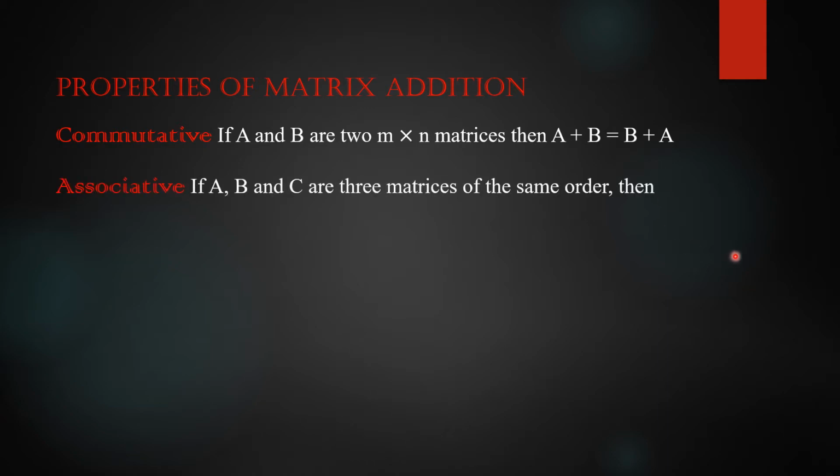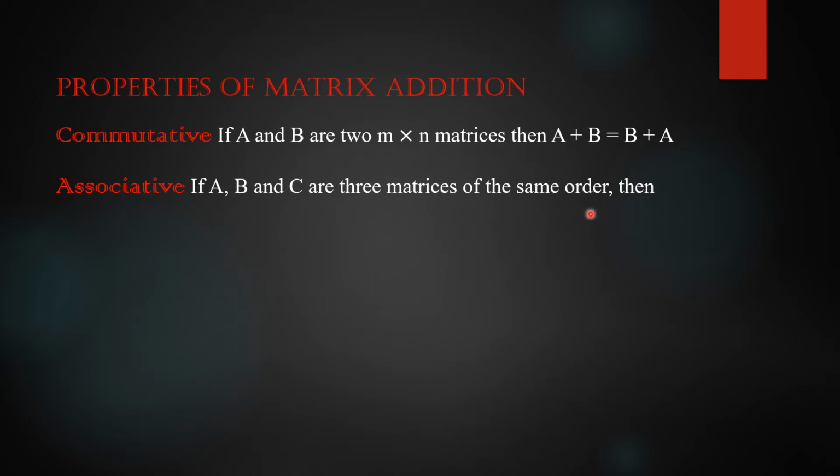associative property. Associative actually means changing the position of the bracket in the case of three matrices here. So I am taking A, B and C as three matrices of the same order. Whatever order you take, m by n, 3 by 2, 5 by 7, 4 by 3, 3 by 3, etc. Any order, but all of them must have the same order, okay.